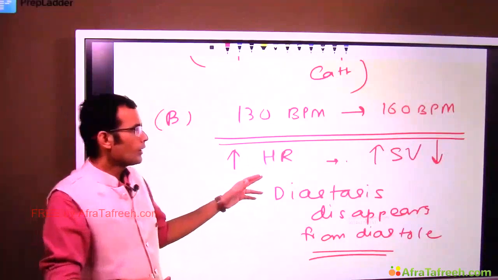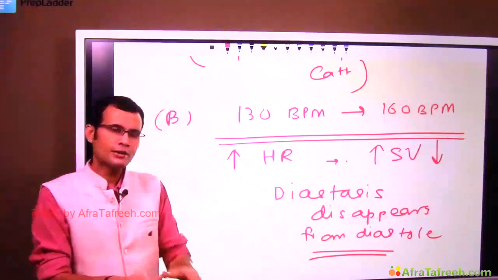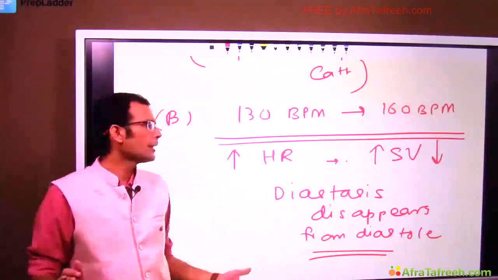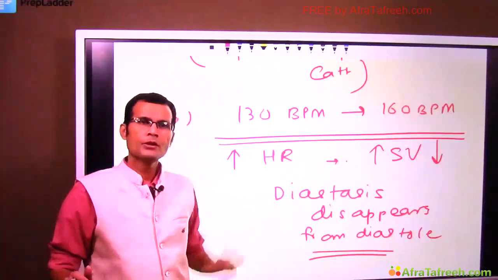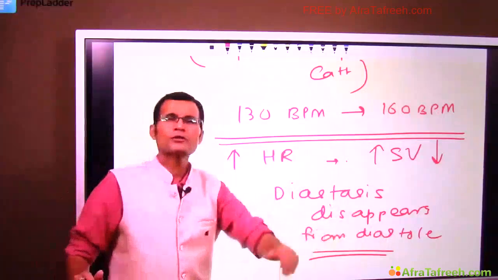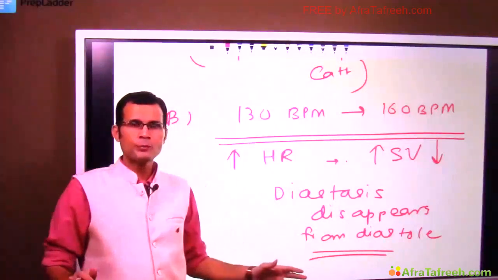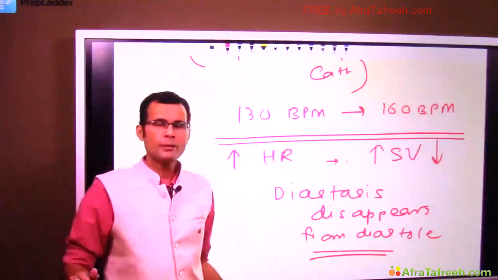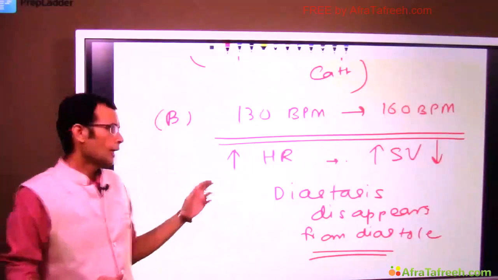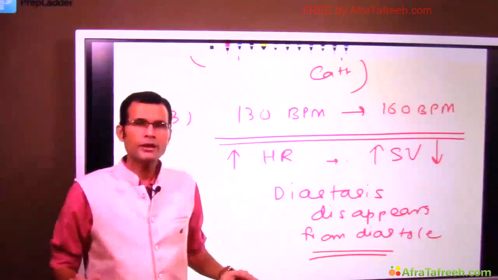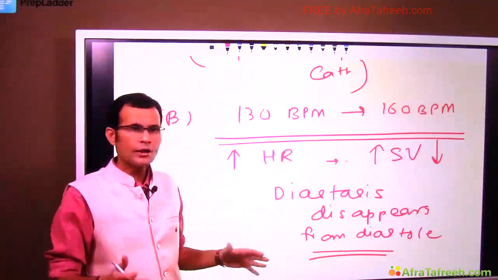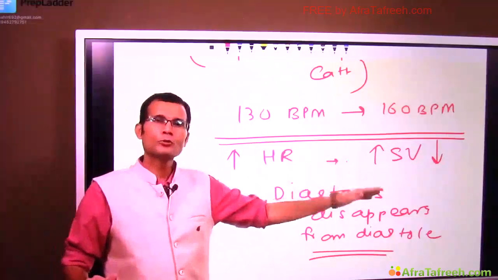Because the phase of diastasis disappears from diastole, and there was anyways not much filling during diastasis, and therefore disappearance of diastasis from the diastole will not affect the filling. There will be first rapid filling and last rapid filling, and therefore filling will almost remain the same. And if the filling is not affected, then the stroke volume will also almost remain the same.